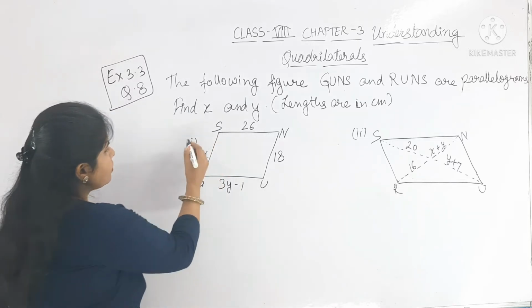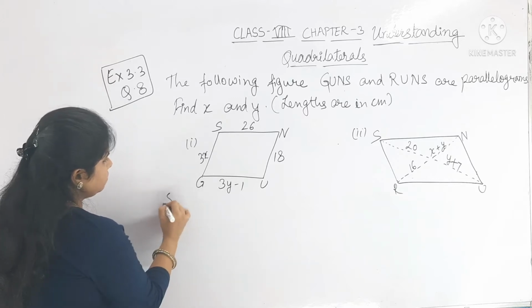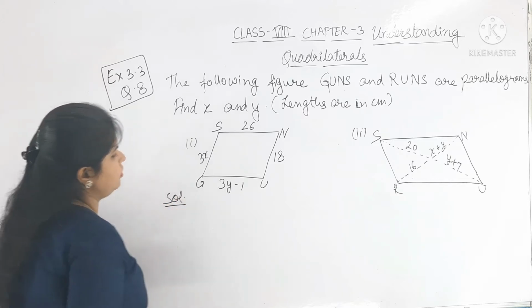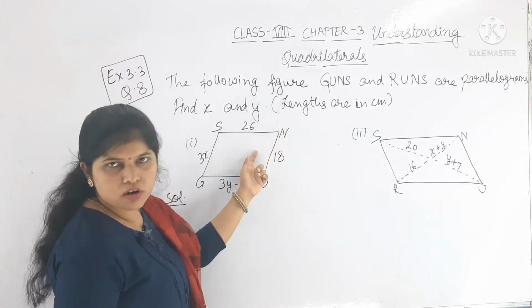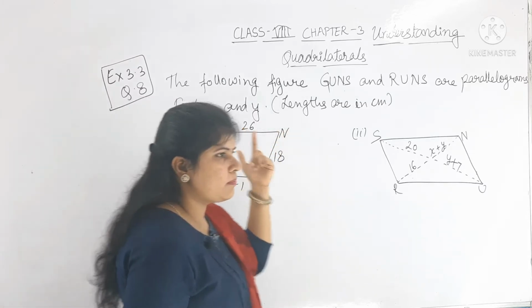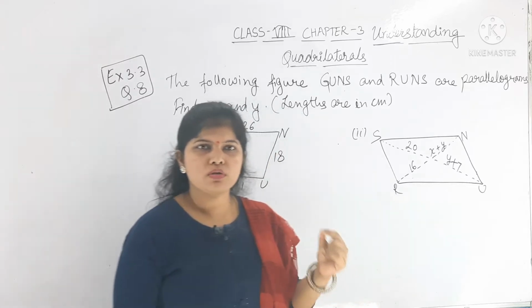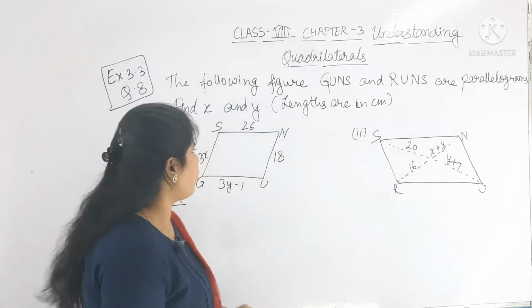Okay. So here I am solving this question. Solution. Here it is given that GUNS is a parallelogram. Okay. So what is the property of a parallelogram? Opposite sides are equal. Okay.